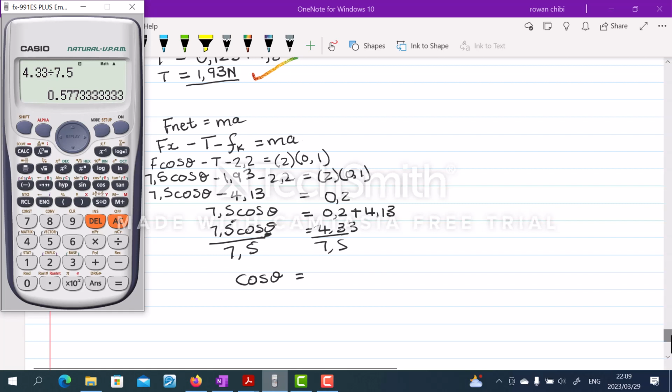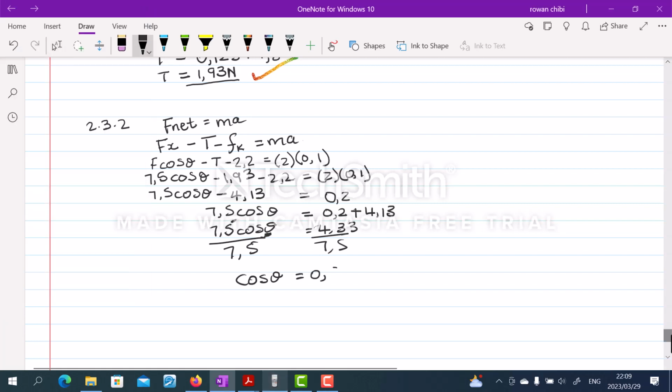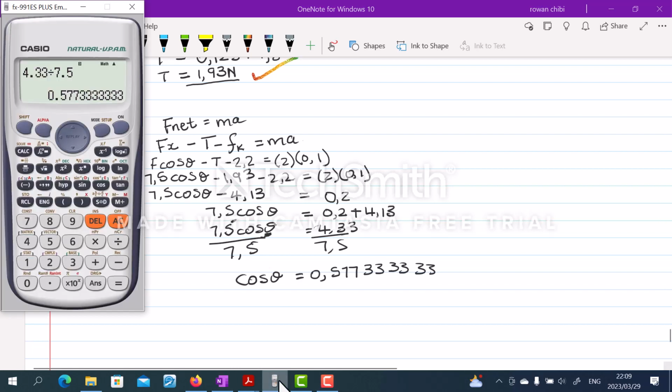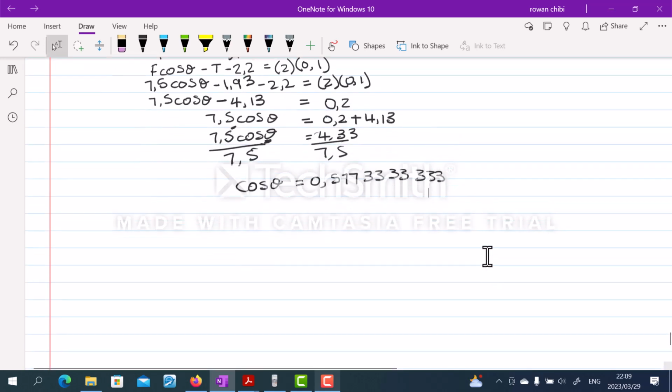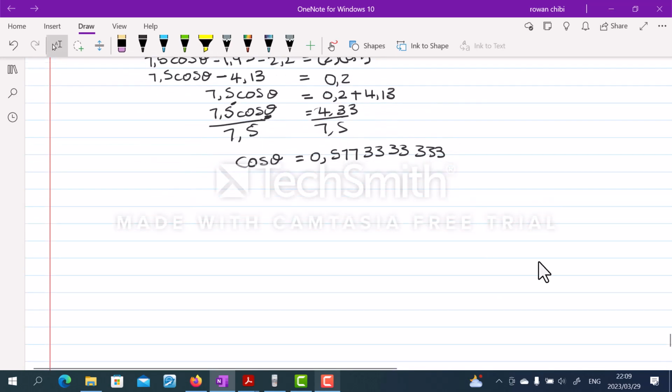So you have to write all of that. 0.577333, 1, 2, 3, 4, 5, 6. How many threes were there? 2, 4, 6, there was 7. So you write everything. We don't round off. We round off at the last stage. We don't round off in the middle of the calculation.